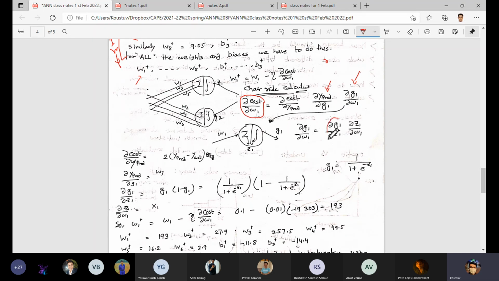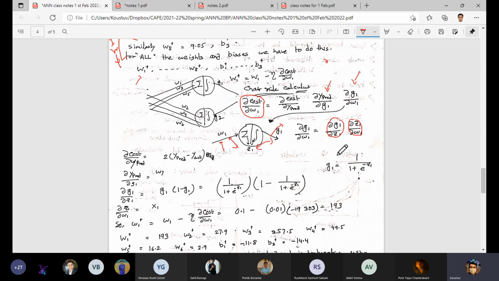That is why we have further broken down this del Z1 del W1, because we are trying to calculate Z1 with respect to this, but both of them do not know each other. These are known, W1 and Z1. So again we have broken down and we have done this.